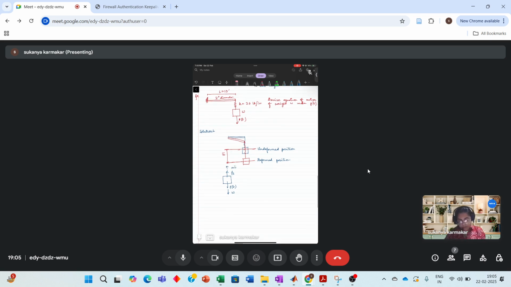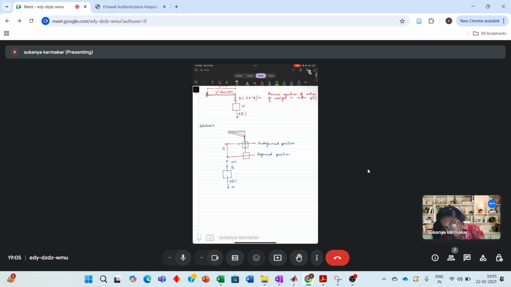And if I write down the equilibrium equation in the vertical direction, it will be M u double dot plus Fs is equal to W plus P of T. Okay, let's not rearrange it at this stage.